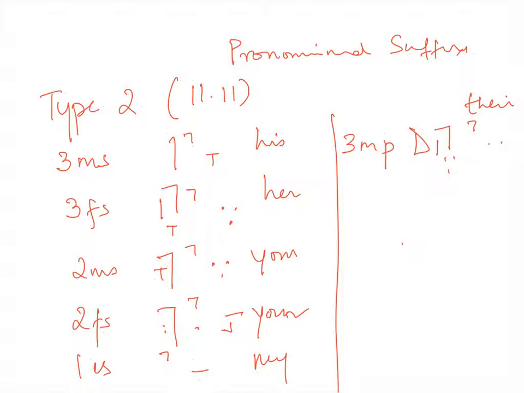Now here all the translations, if you notice, are not objective, they are possessive. His, her, your, my, their is all possessive values written out here, not the objective value.